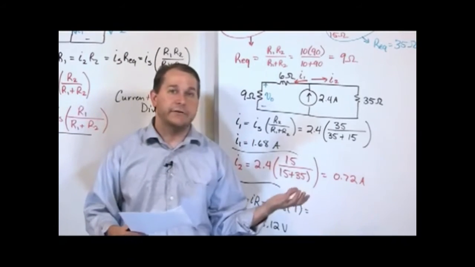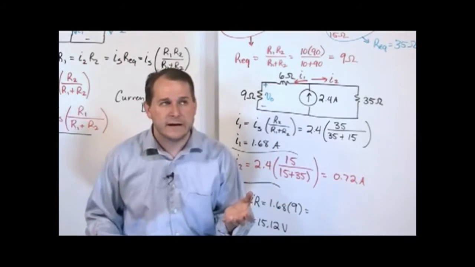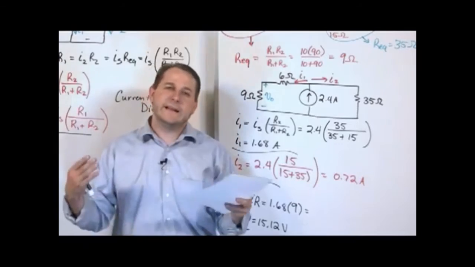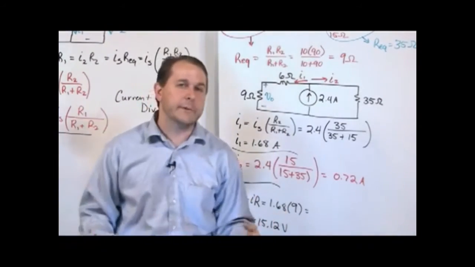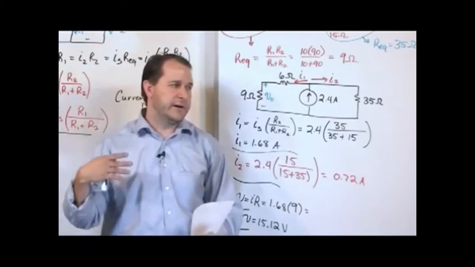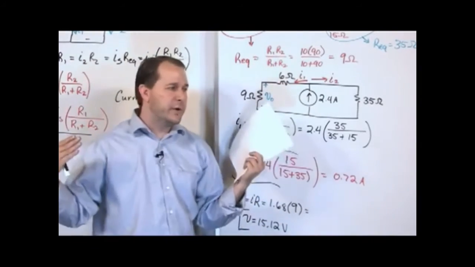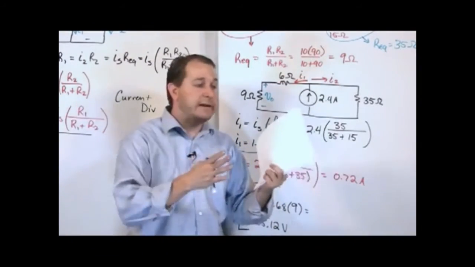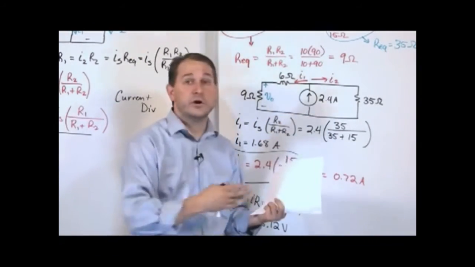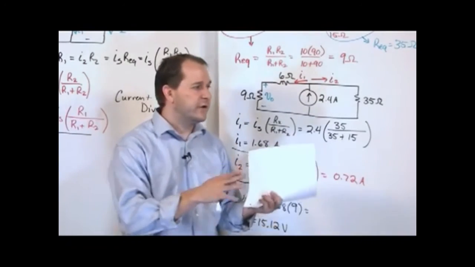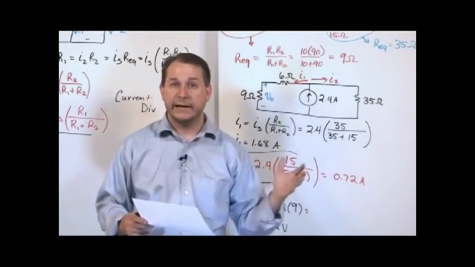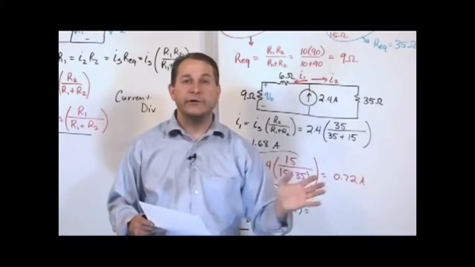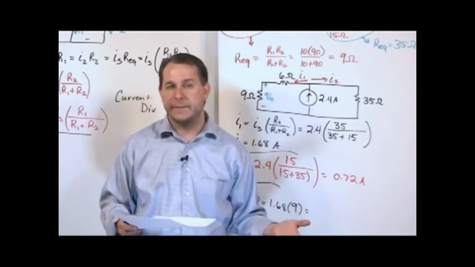You won't see current dividers that much, but there's lots of scenarios within a circuit, when you have transistors or something going on, where you have current coming in and you'd like to split it into a certain number of legs so that you can feed a certain amount of current off to one side to do something with it, and then in the other branch you might feed a certain amount of current off to do something else with it.